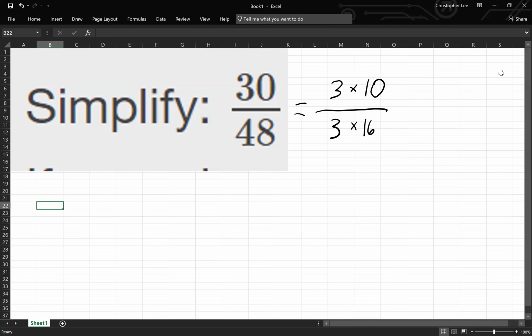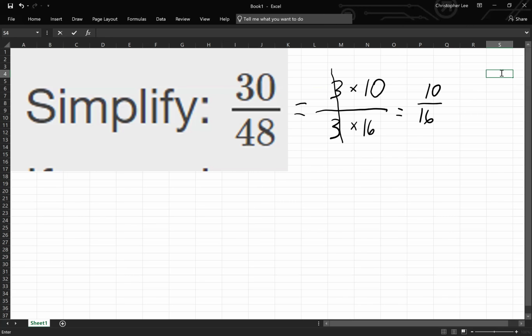Let me check. Yes, that's it. So now 3 and 3 are common, so they can be canceled out. So now what do I have? I have 10 over 16.